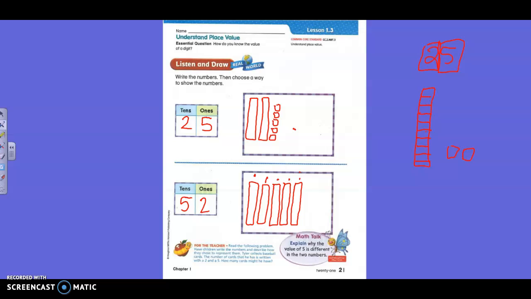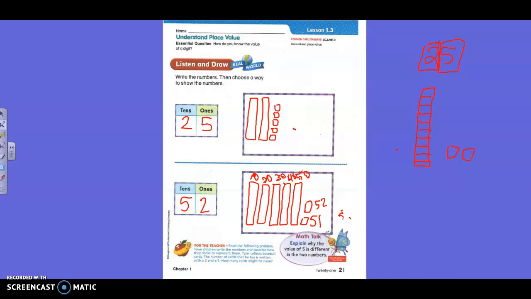I need to draw 2 ones to show 52. Because then you go like this, right? 10, 20, 30, 40, 50, 51, 52. See how that works?